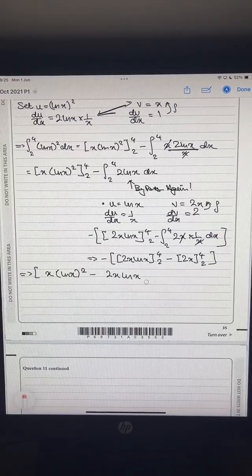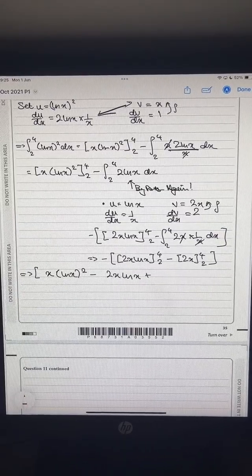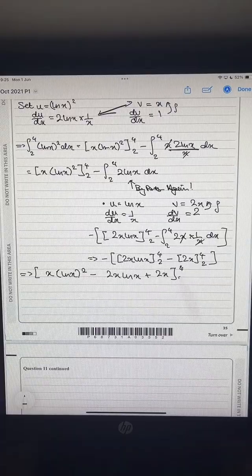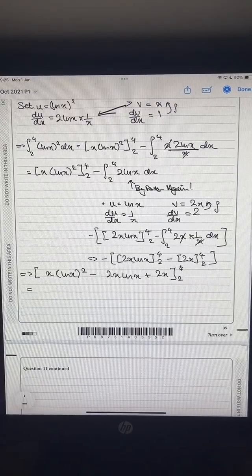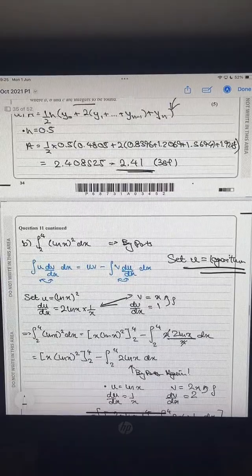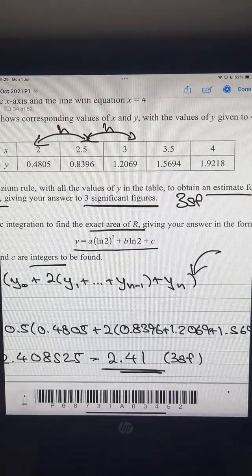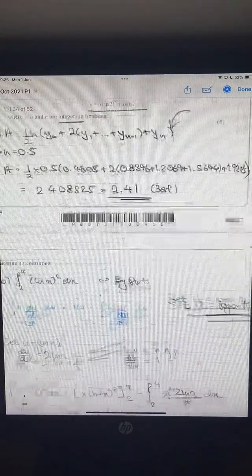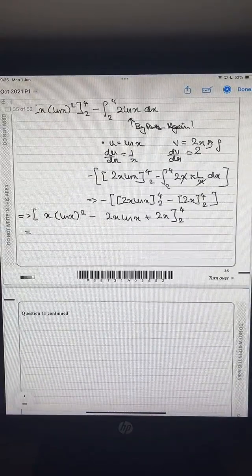And then I have minus and minus make a plus, so we need to do plus 2x, and that's from 4 to 2. I'm working out the integral. And then all I have to do is just sub in and evaluate and clean up, and get it into this form over here, a ln 2 whole squared plus b ln 2 plus c. So now it's all about subbing in and cleaning up.